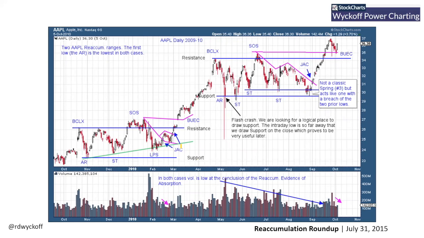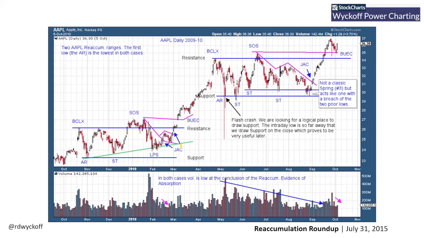This is a daily chart, has two reaccumulation structures, and this is what makes them so powerful, is that you get one accumulation as a stock completes and gets ready to enter into a new bull market. With reaccumulation, you could have 3, 4, 5, 6 reaccumulation periods in an ongoing uptrend that could last 2, 3, 4, 5 years.